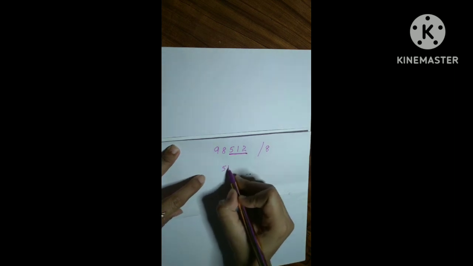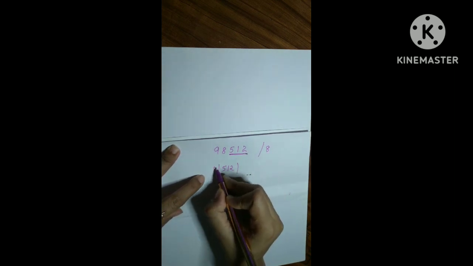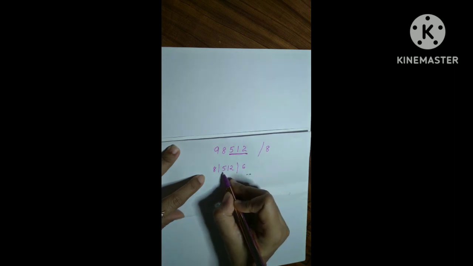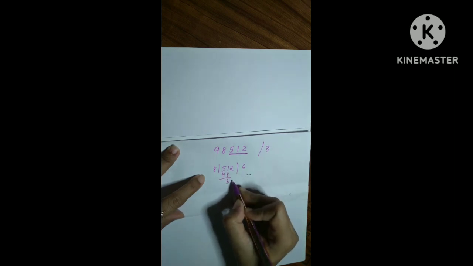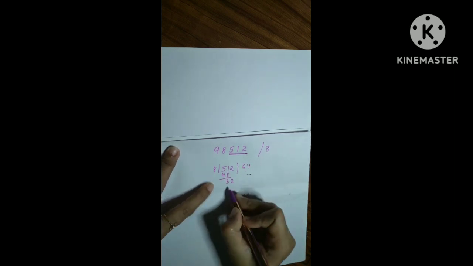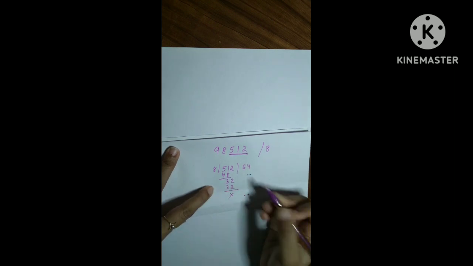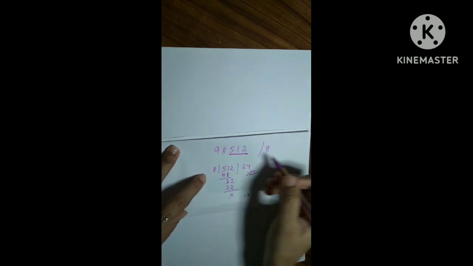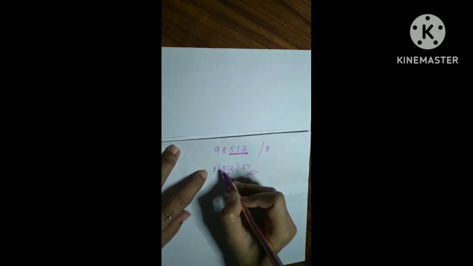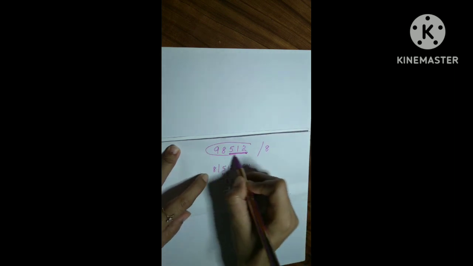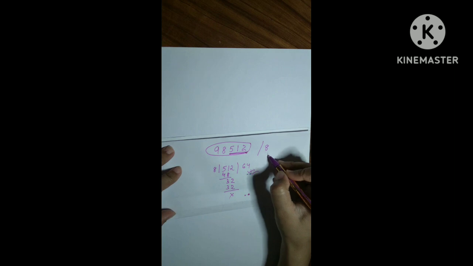So let us check. Yes, it is getting divided. So if the last 3 digits are getting divided by 8, the whole number will be divisible by 8.